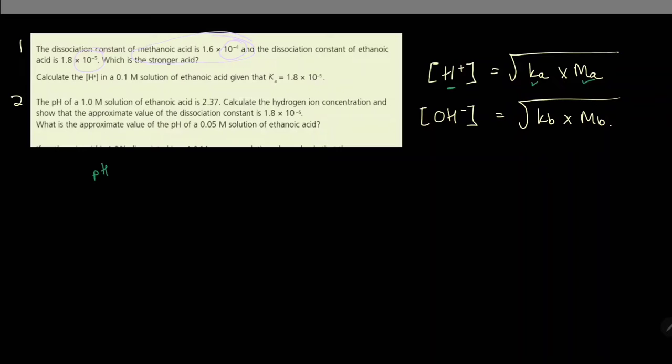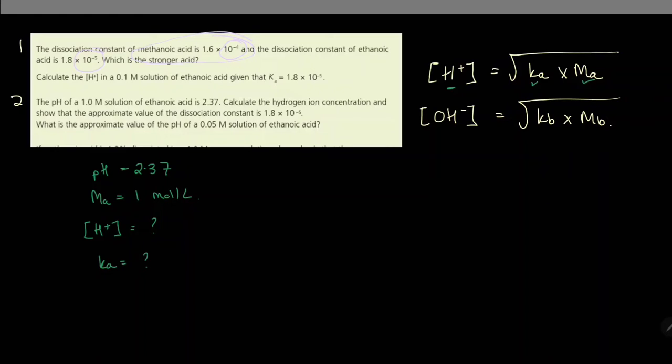We have the pH is 2.37. We have the molarity of the acid to be 1 mole per litre. We need to find the concentration of the hydrogen ion, and then we also need to show that Ka is that value up there, but we're not going to use it, so we have to show that at the end.